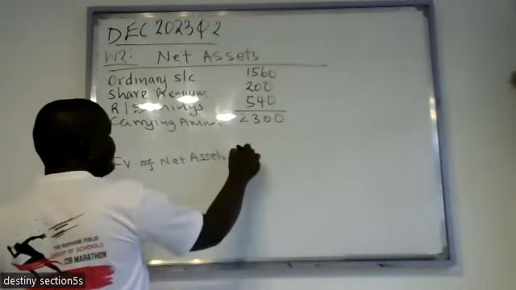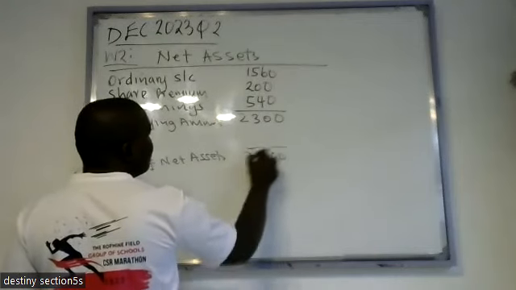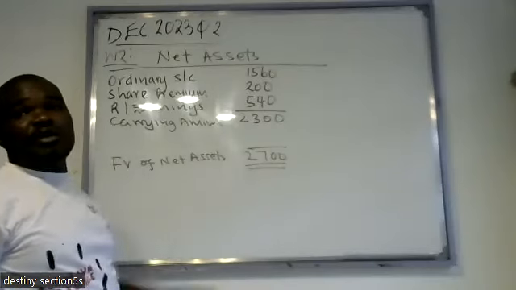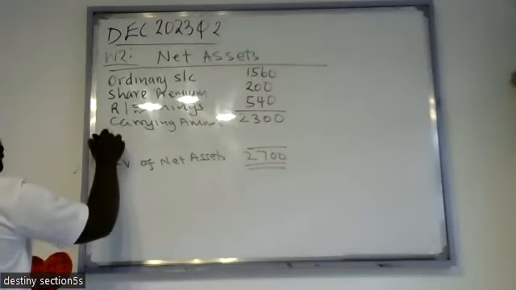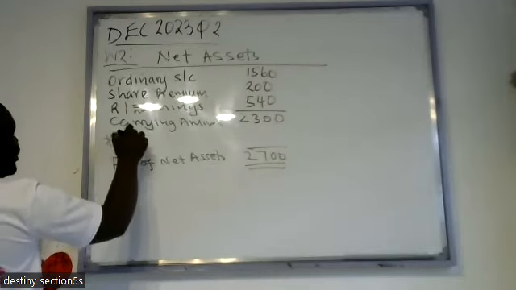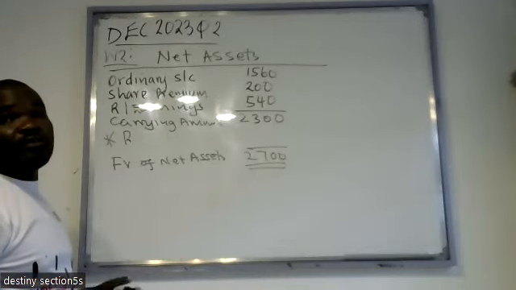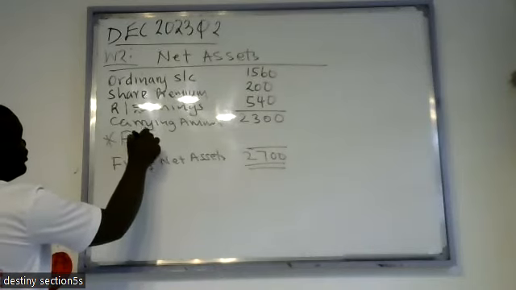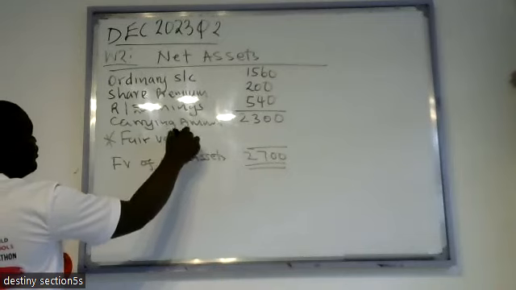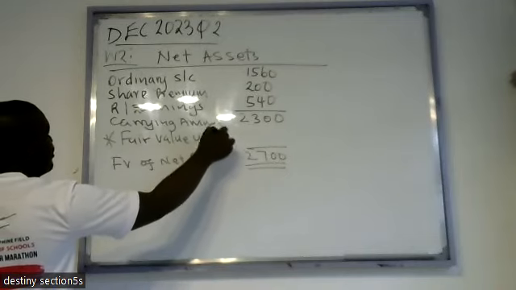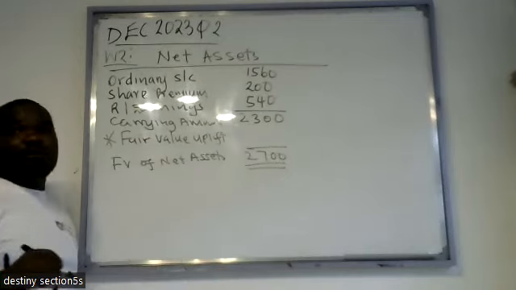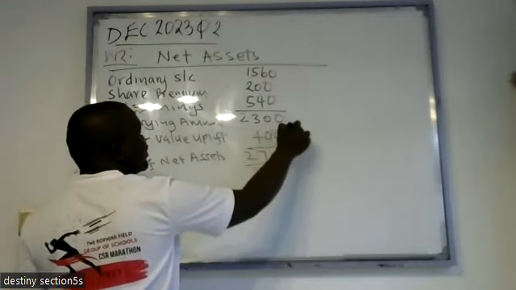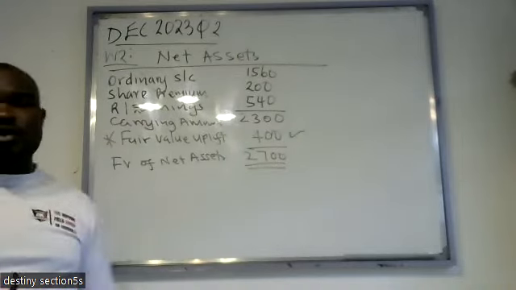Meaning that the difference, the increase between carrying amount and fair value, is what we call revaluation, or a fair value uplift. Balancing figure. 23 to 27, it means revaluation was 400.